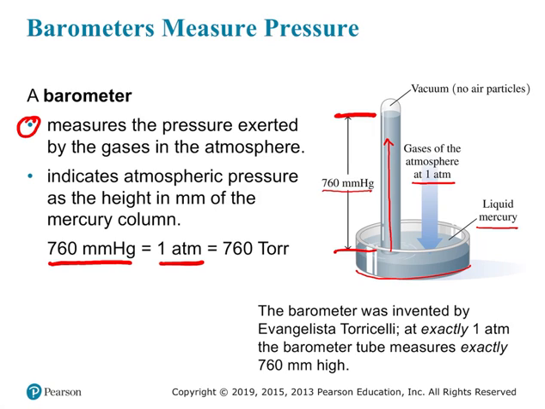It's named after Evangelista Torricelli, who invented the barometer, so this is just to acknowledge Torricelli's work. Remember, these are equalities, so later on we can turn these into conversion factors. We'll use that later.